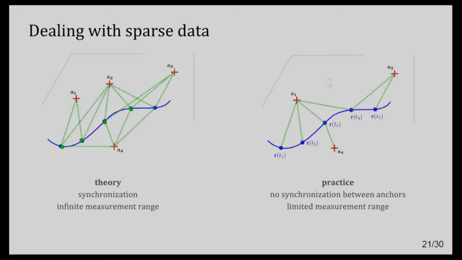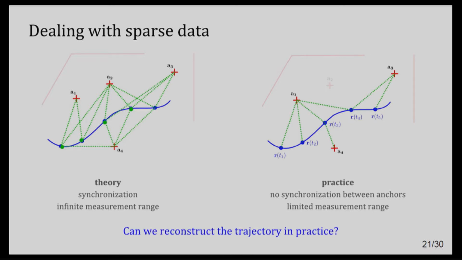While in practice, it might be that at each point you actually only measure one distance. So of course you couldn't independently localize each point, but our question is, could we still do something with this? Could we still reconstruct the trajectory from such measurements?